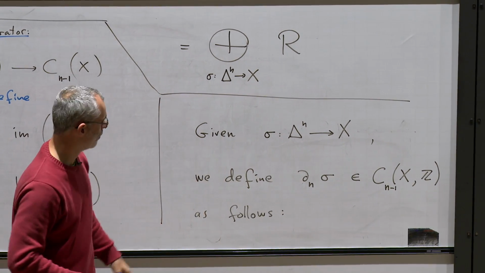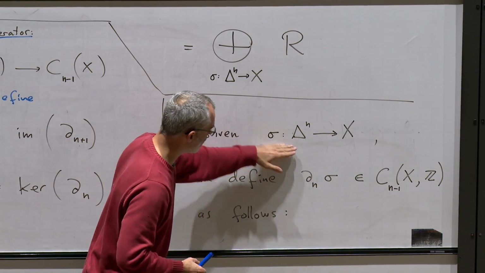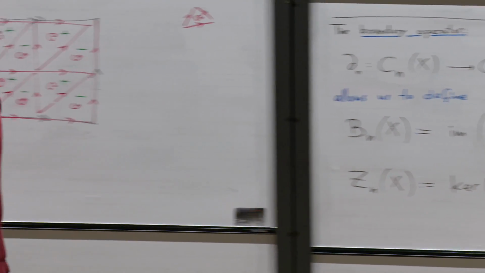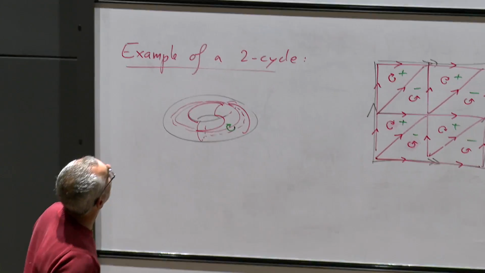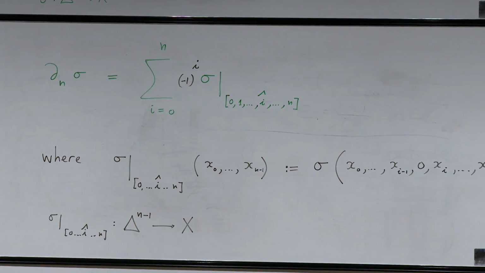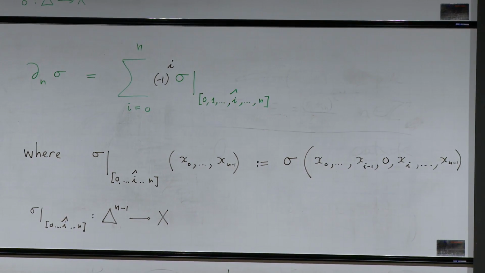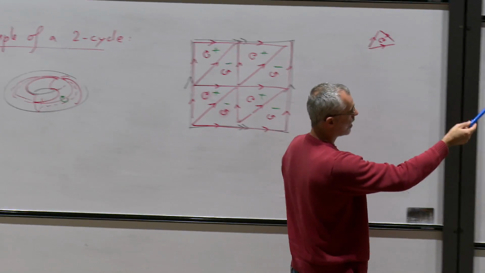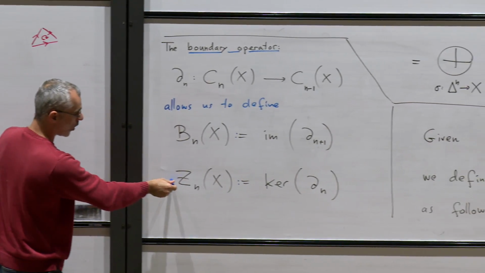The boundary of this singular simplex is that linear combination up there of singular simplices with coefficients plus 1 and minus 1. So let's check that here we get indeed something which is in the kernel.